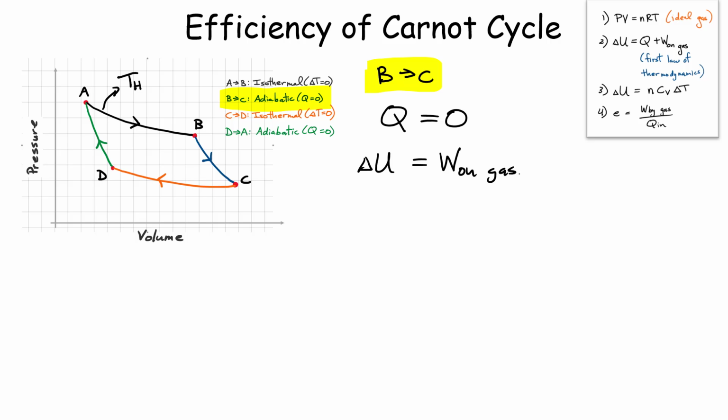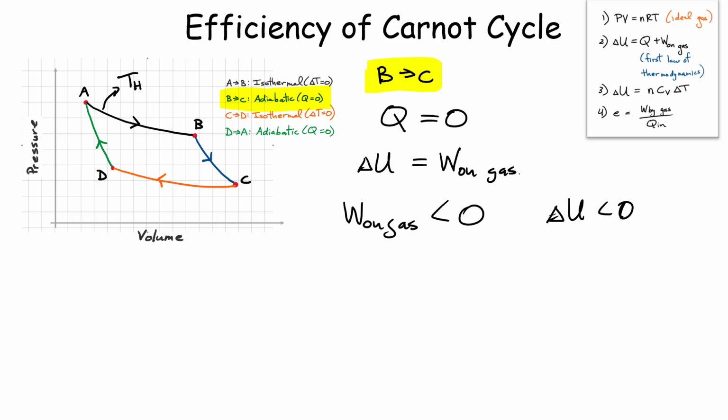Again, it's an expansion. So what do we know about the work done on the gas? It has to be a negative value because it's the gas that does work. That means the temperature is going to get lower, right? Because our change in internal energy is also going to have the same sign as the work done on the gas, according to this equation right here.